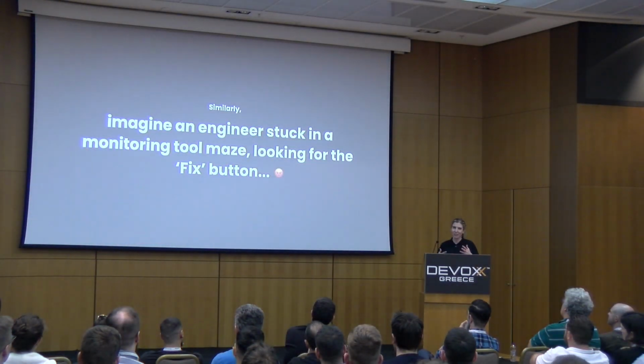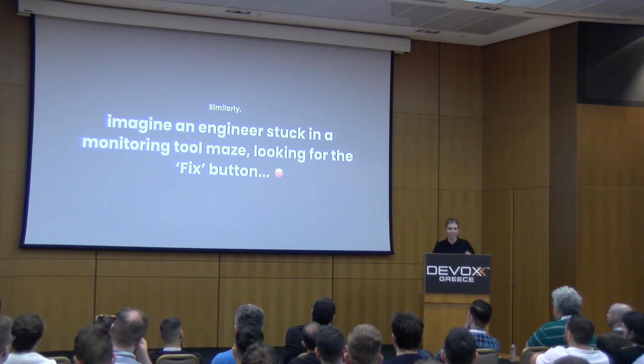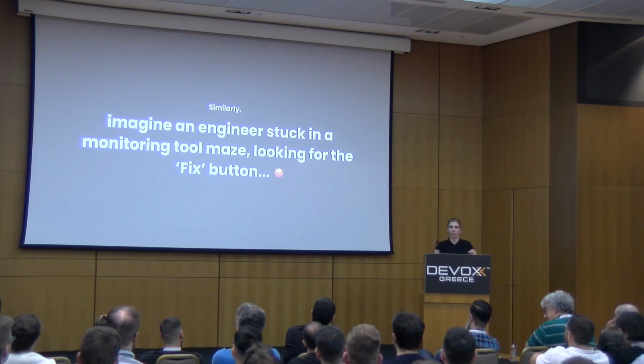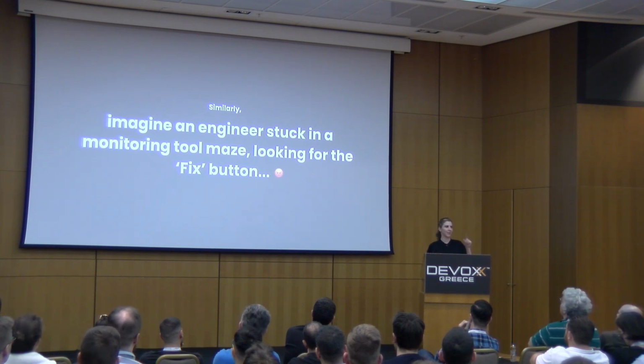In the same way, imagine an engineer who's trying to resolve an incident. They're stuck in that monitoring tool maze, and they have so many monitoring tools, and they can't find the fix button or the acknowledge button or any button that they need to click at that point.